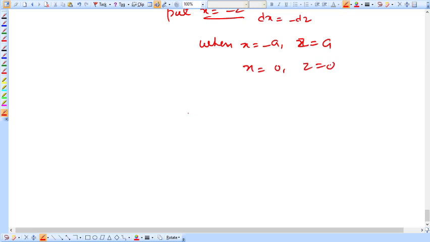So now z is equal to 0, and now your I1 कितना हो जाएगा, a to 0, okay, f of minus z, and here dz और minus sign outside. Okay, so it is equal to, minus sign consume कर लो, and by property 2.